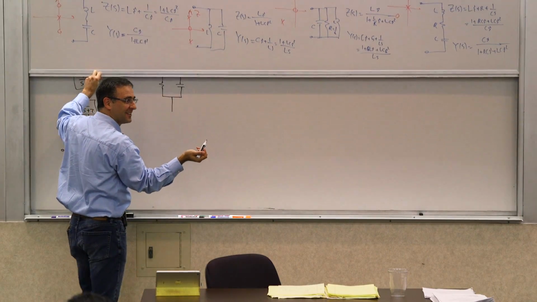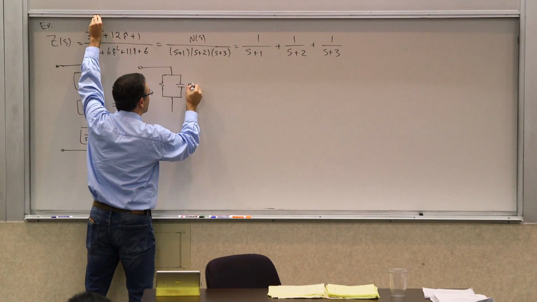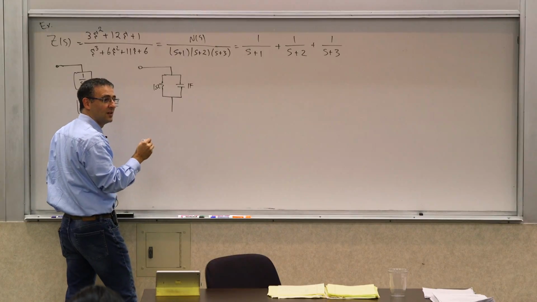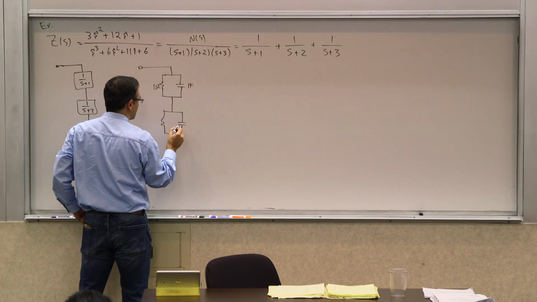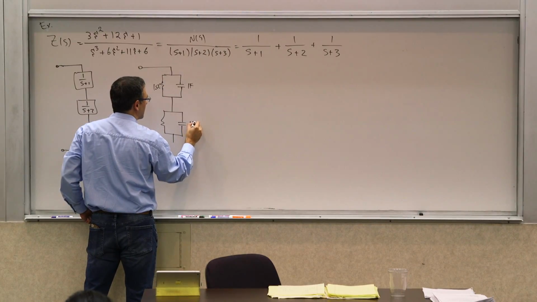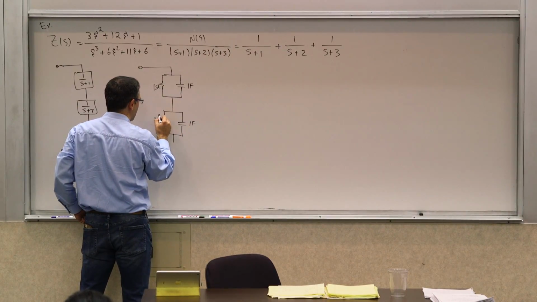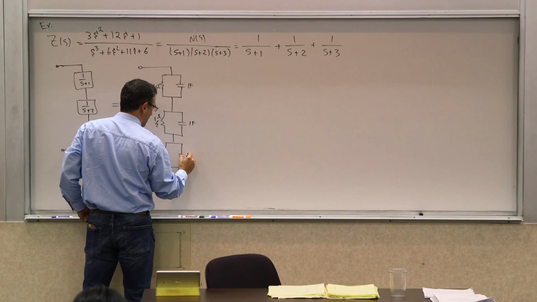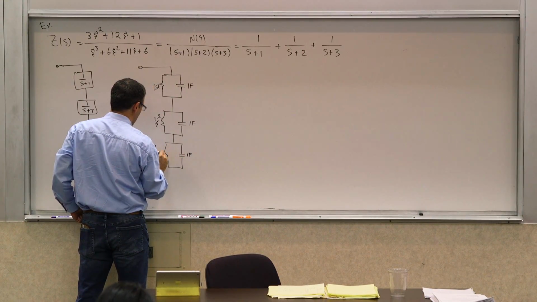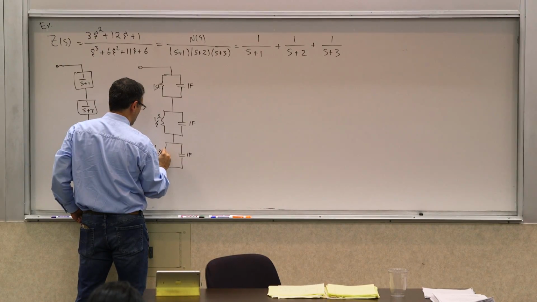So what are the values? 1 farad, 1 ohm. So what is the next one? The next capacitor is still 1 and the resistor is 1/2. Exactly. And then again, 1 farad and 1/3 of an ohm, right?